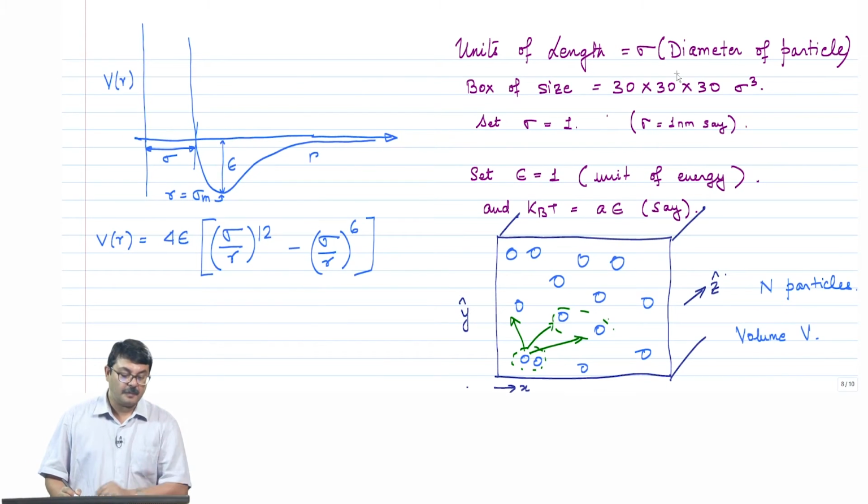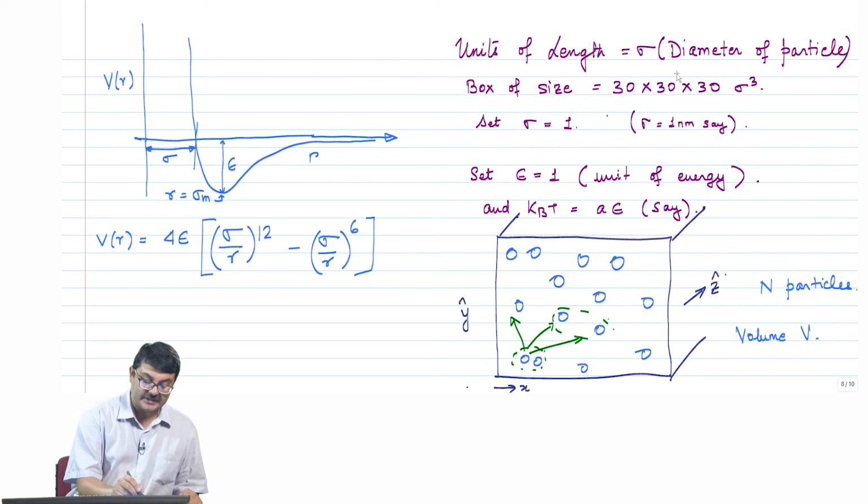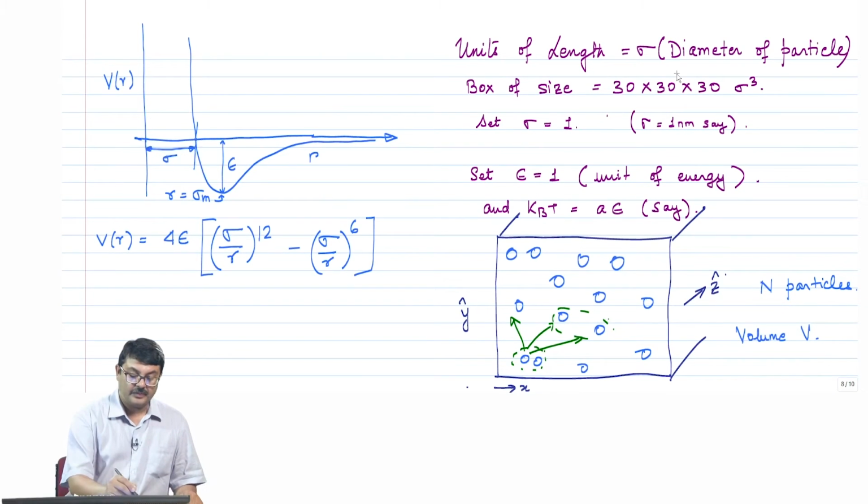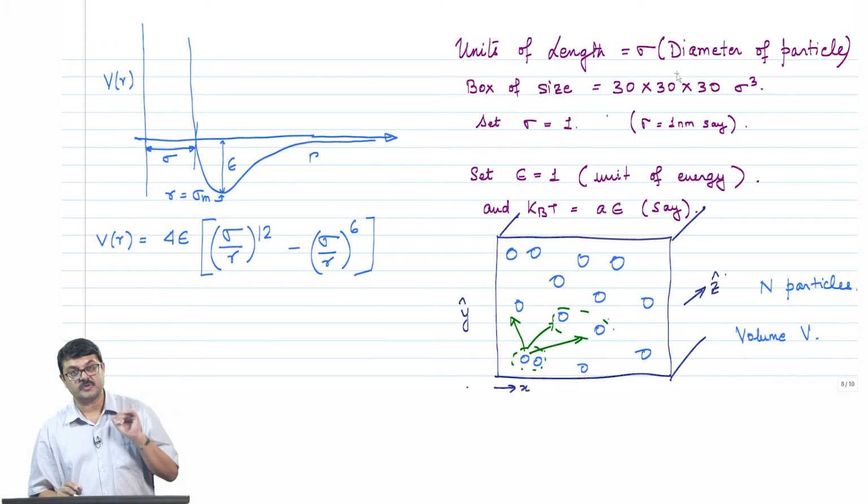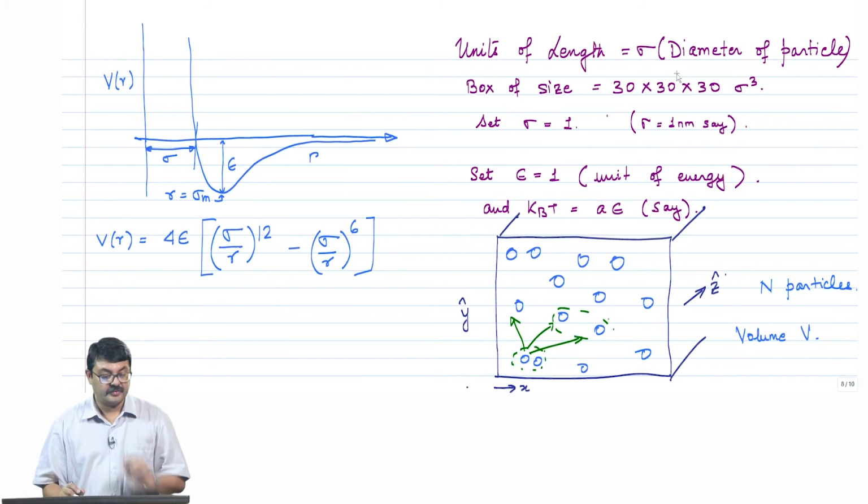Good. Now, you might have noticed that this point here where the potential goes to 0 is at sigma, when r equals sigma.